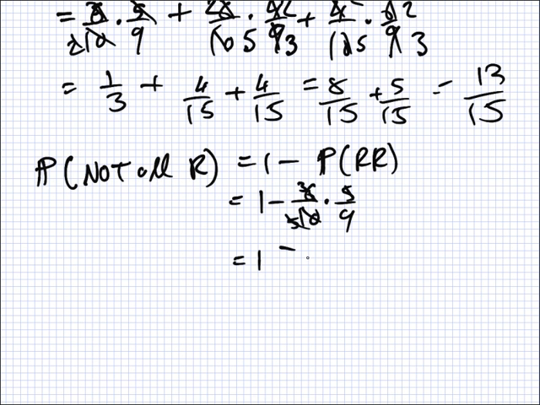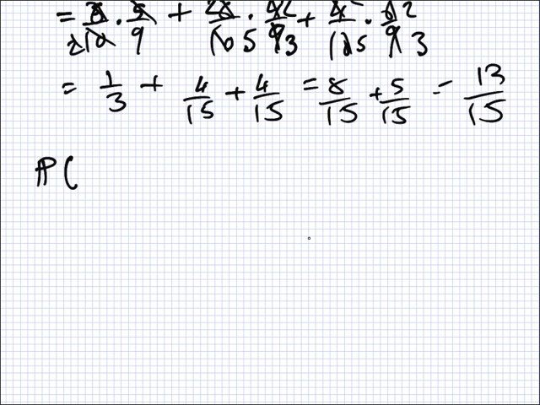Is this the probability of all blue? Not all red. Well, if there's probability of all blue, which means... Oh, sorry. I'm sorry. I misstated what it means to say at least one red. At least one red means not all blue. That's what it means to have at least one red, that they're not all blue.